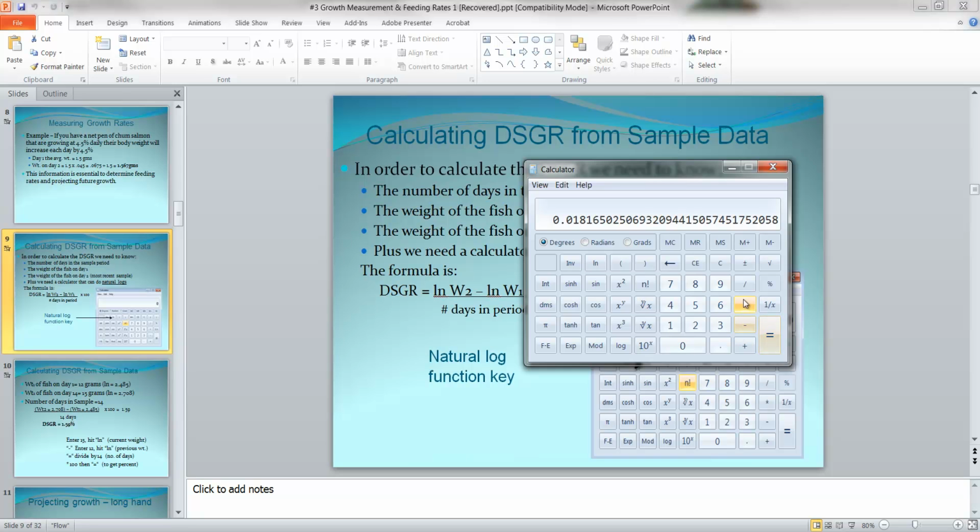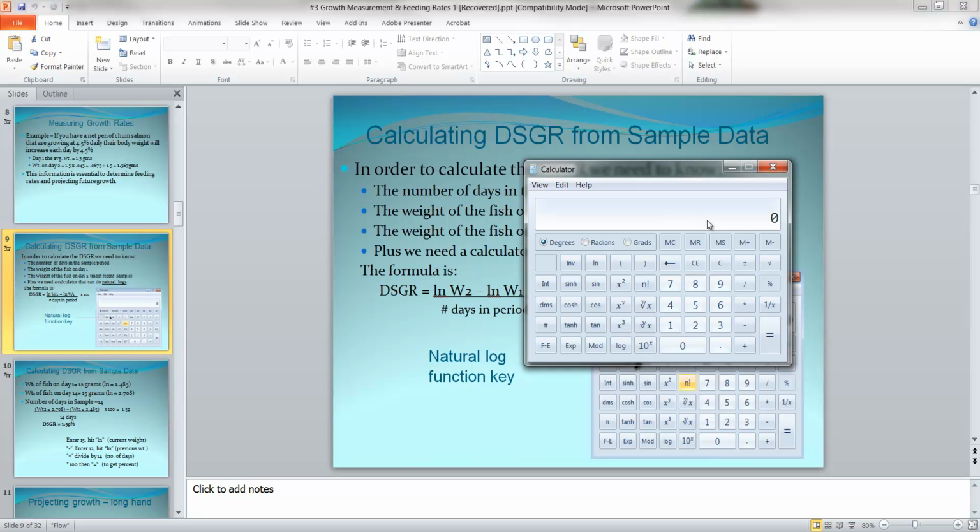Then I multiply times 100 to get percentage, and my daily specific growth rate is 1.82%. What that means is each day, on average, starting 7 days ago, these fish increased in weight by 1.8%. I'm going to leave it at that, and let's do another one.